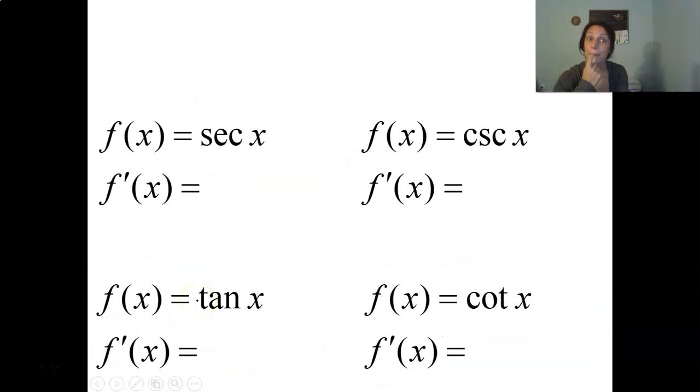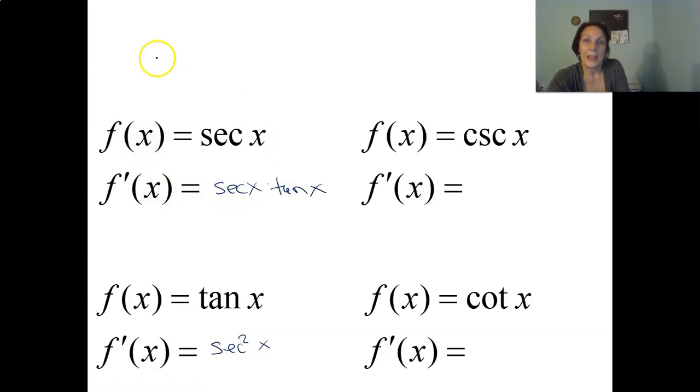So, look here. We know the derivative of sine is cosine. We know the derivative of cosine is negative sine. We know that the derivative of tangent is secant squared of x, and we figured out that the derivative of secant is secant x times tangent x. Secant's my favorite one because it shows up in its own derivative. Fun.